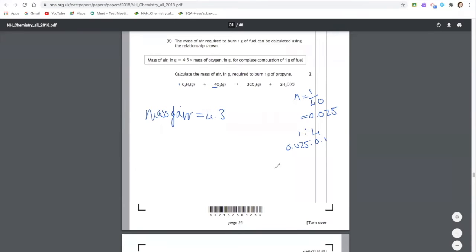So that would be 0.1. So then if we change that to a mass of oxygen, the number of moles is 0.1 of oxygen, and the gram formula mass of oxygen is 16 times 2, because each oxygen is 16, so that's 32. So that means you would need 3.2 grams.